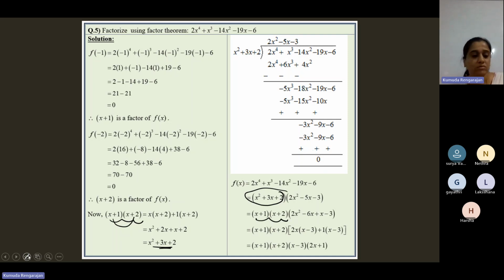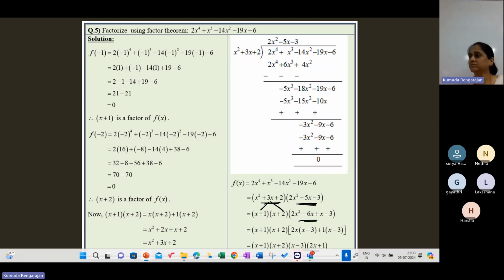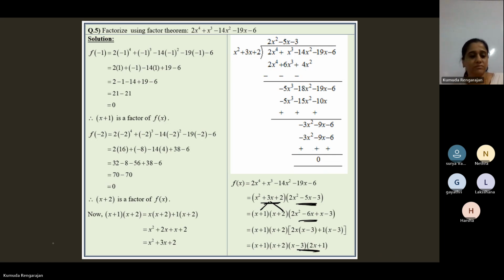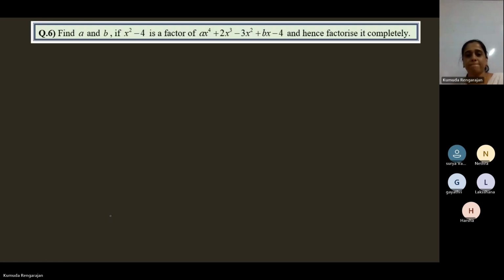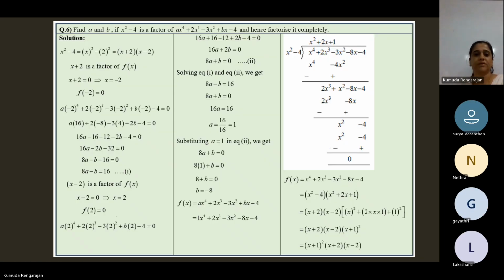So now put the factors back, x plus 1 into x plus 2. The quotient is new, right? So here you will have to split the middle term and find the remaining two factors. This is similar, this we have done earlier.